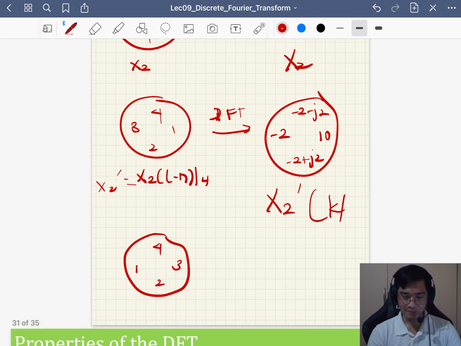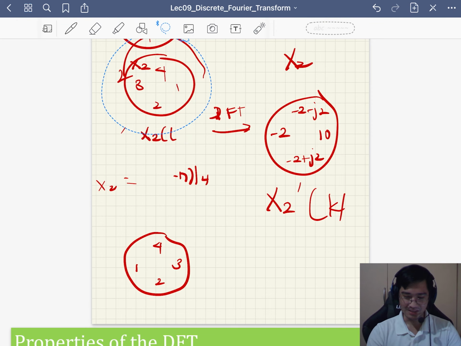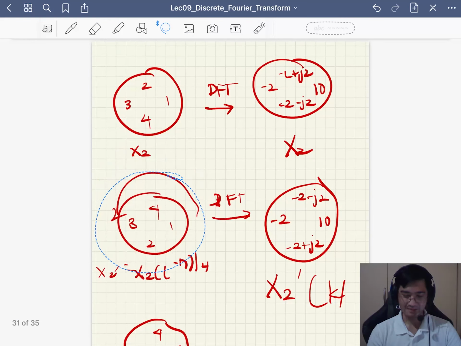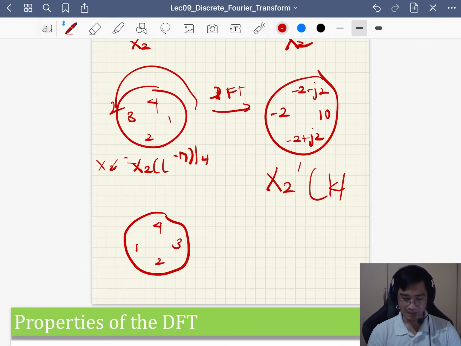You rotate this by 2 units, just imagine with me. When you rotate it by 2, you get x2 of minus n minus 2 modulo 4.